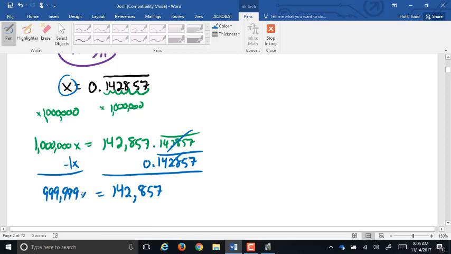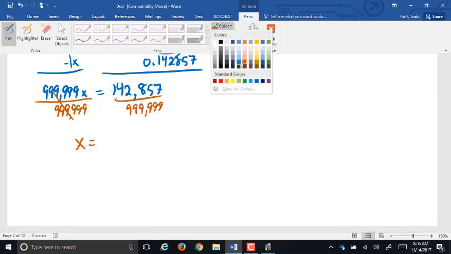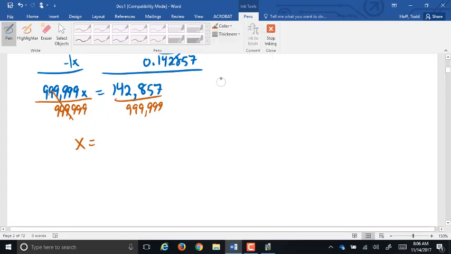Yep, 999,999. And then we divide by 999,999. X equals, well, let's see here. 1 plus 4 is 5, plus 2 is 7, plus 8 is 15, plus 5 is 20, plus 7 is 27.